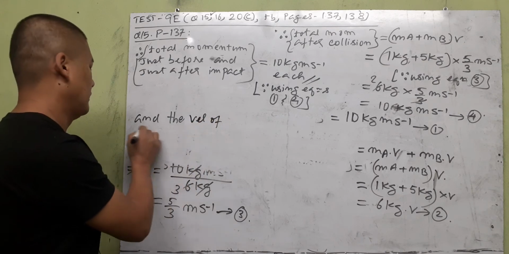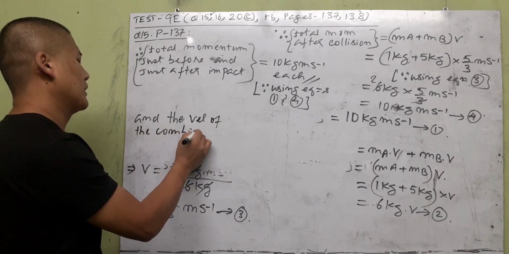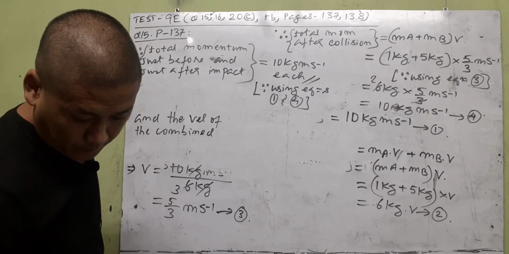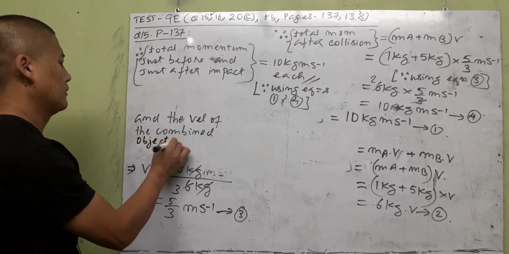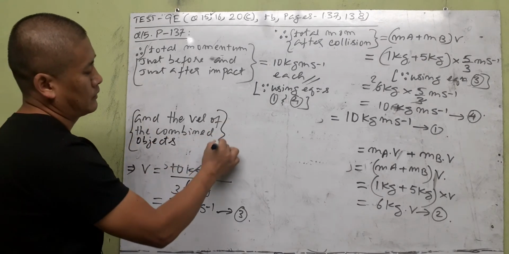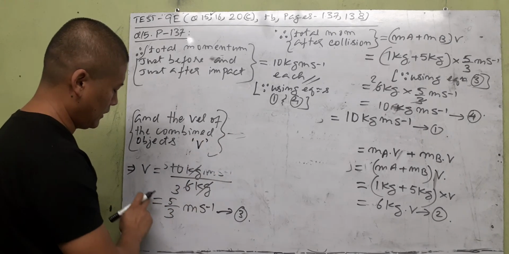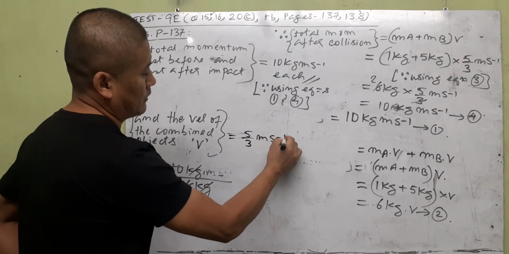That means the objects stuck to the wood, the two now stuck after collision. We have known that this is V, which is equal to 5 divided by 3 meter per second.